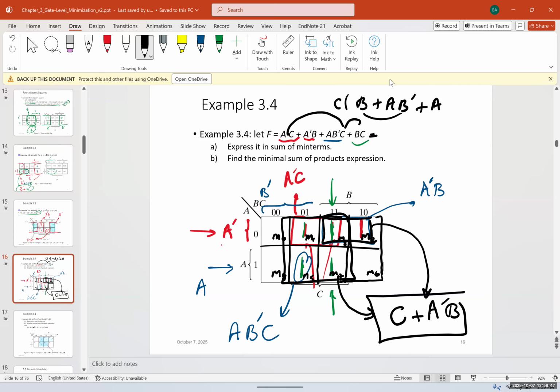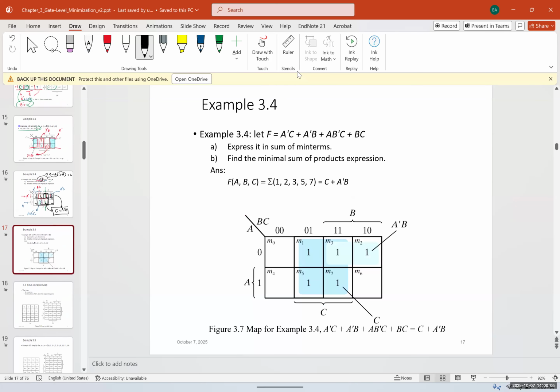It will cancel each other out. So this one is A prime. And if I combine these 2, I could cancel A out, and this would be C. And A prime B would be left. So as you can see, the final answer is going to be C plus A prime B.